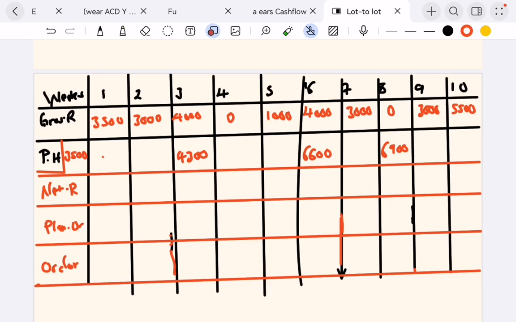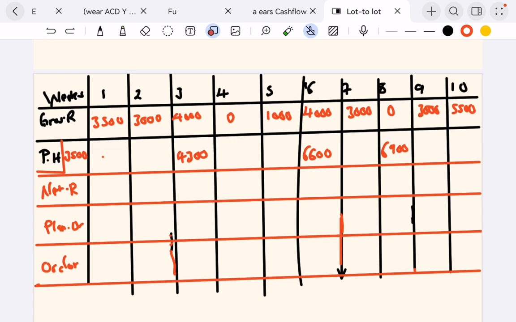What we do here is that we push this 3,500 here on week 1. You see that?